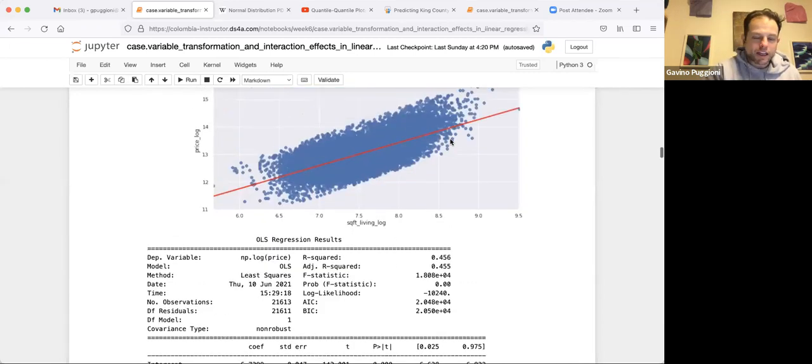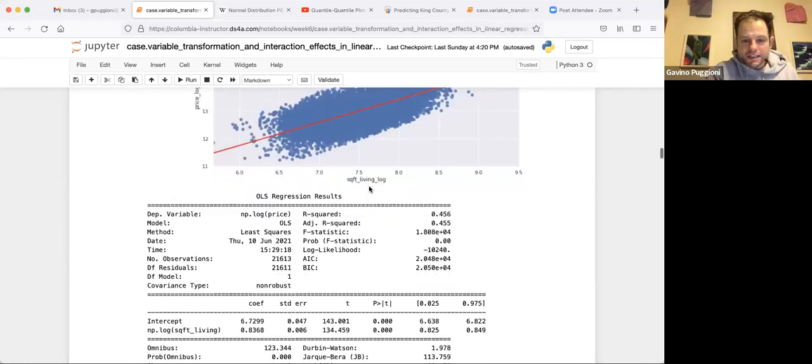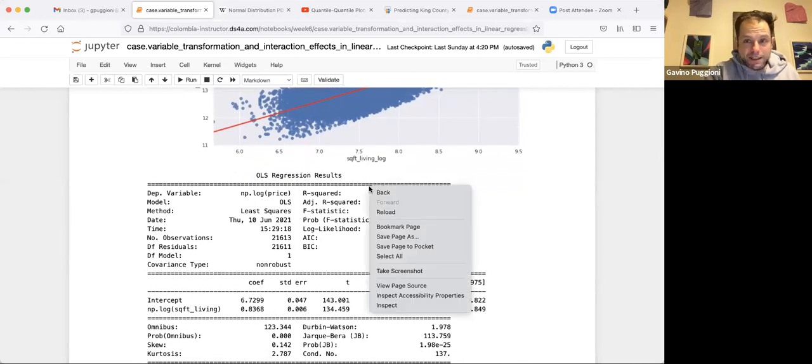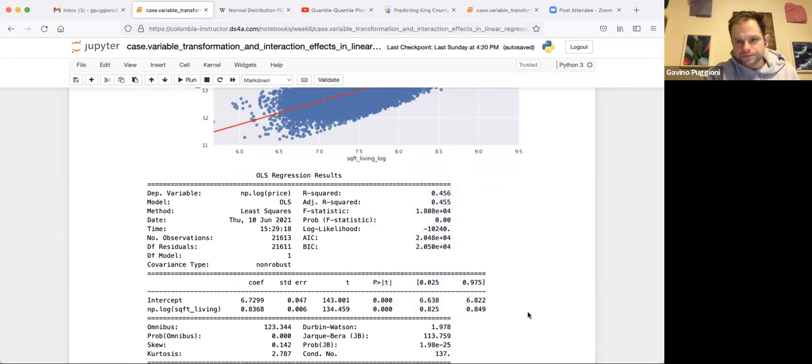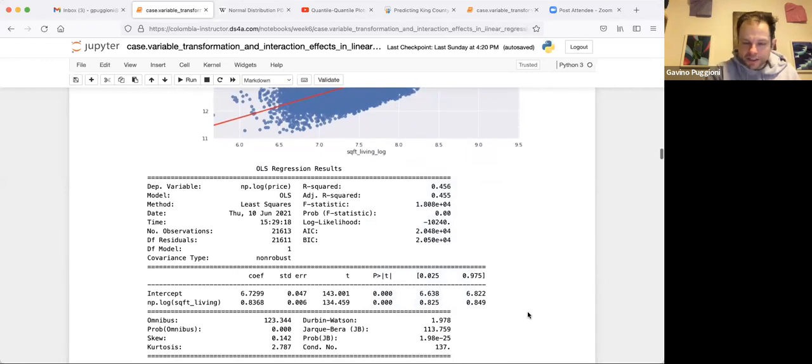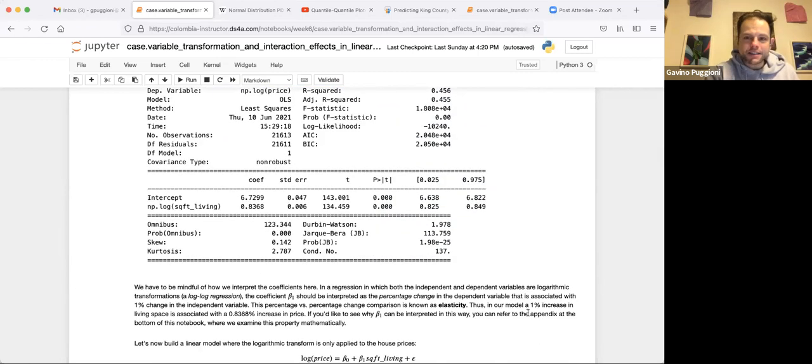So that is, here we are saying, if the independent variable, the square feet of living space, increases by 1%, we will see a price increase of about 0.8%. So that gives us the rate, and it's called elasticity.